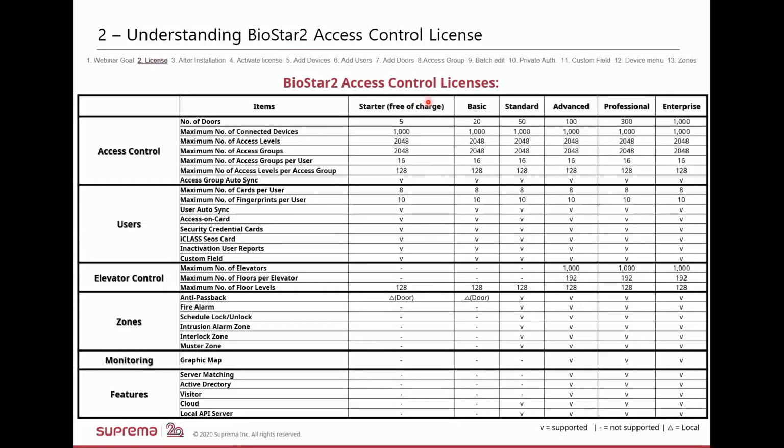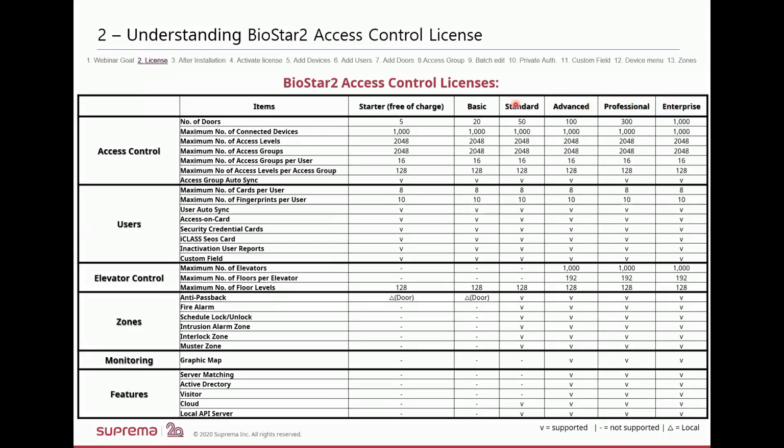This means once you download the installation file, start the installation and finish it, you have the starter version, which is free of charge. If you'd like additional features, which I'm going to explain now, we have 5 additional licenses: BioStar 2 Access Control Basic, Standard, Advanced, Professional, and Enterprise.